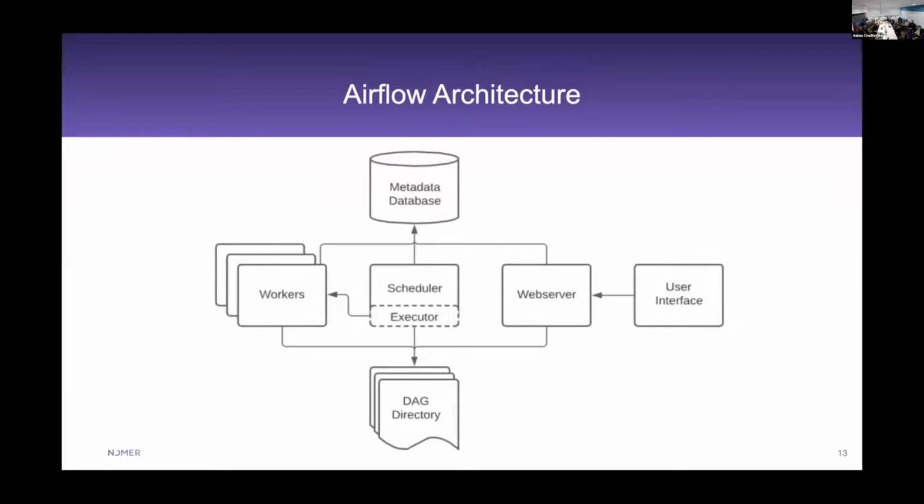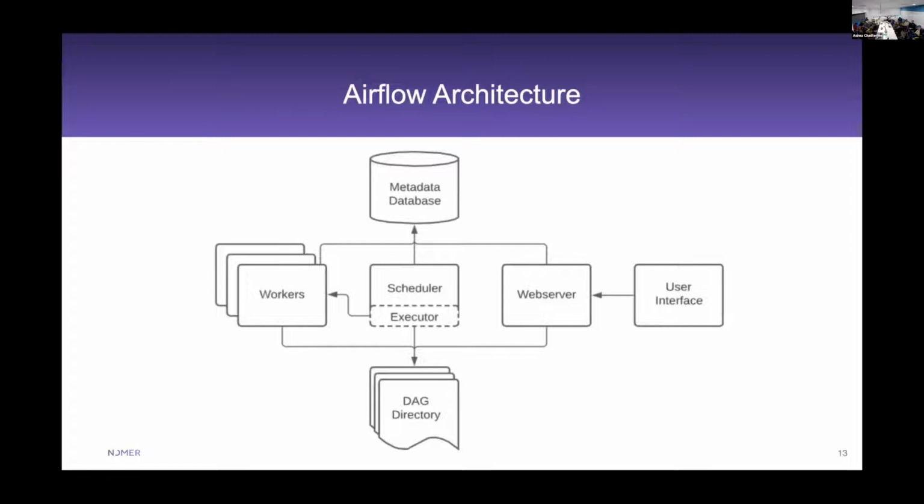You can see that there is one user interface, which gives us a sense that it's some kind of UI where you can see things. UI is calling the web server, and then you have one component, the scheduler, and another component, the executor, which looks closely attached to the scheduler.